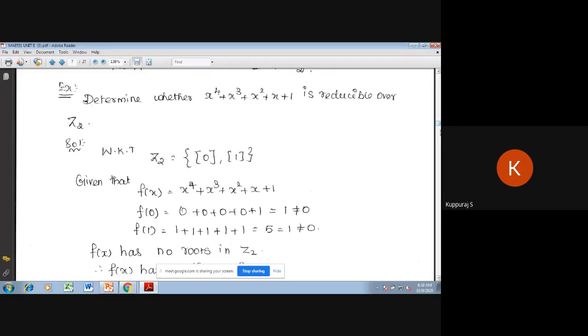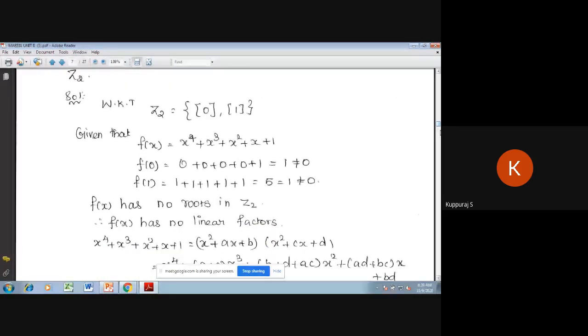So 1 is not a root. So f of x has no roots in Z2, which means f of x has no linear factors. So another option is that the given polynomial can be factorized as a product of quadratic expressions.